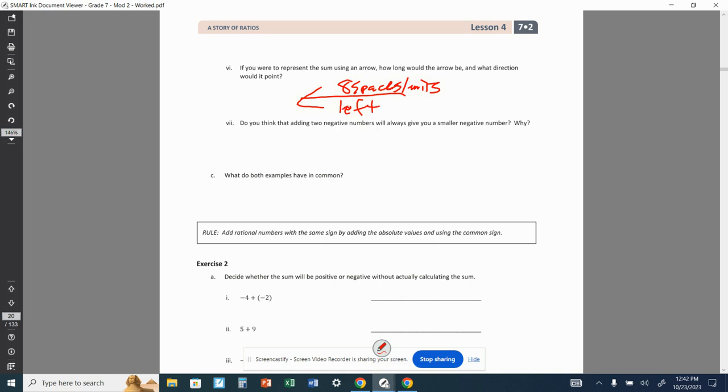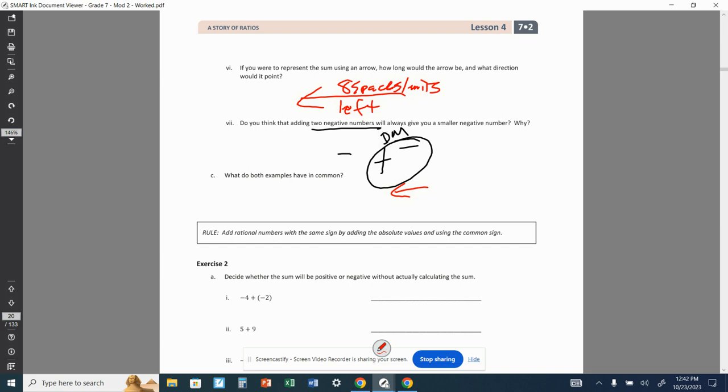Adding 2 negative numbers will always give you a smaller negative number. So 2 negatives means I have a negative and then I'm going to add a negative to it. Remember, if I'm adding a negative, these don't match, which means it's always going to be going to the left, or getting to be a smaller number. Same thing with the plus, the positive is always going to be bigger.